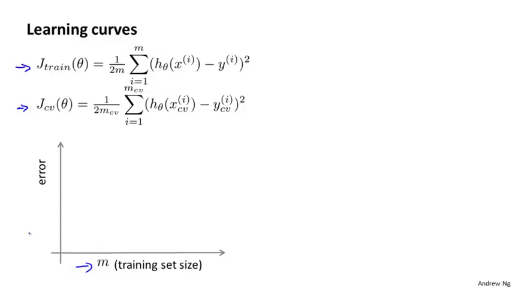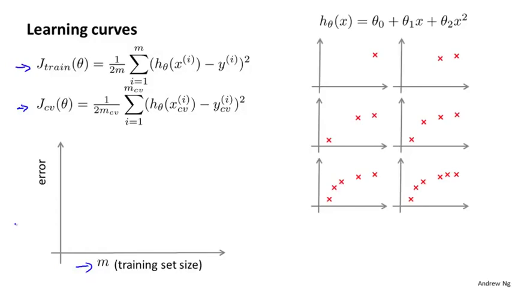So let's see what these plots might look like. Suppose I have only one training example like that shown in this first example here, and let's say I'm fitting a quadratic function. Well, if I have only one training example, I'm going to be able to fit it perfectly, right? If I fit a quadratic function, I'm going to have zero error on my one training example. If I have two training examples, well, with a quadratic function, I can also fit that very well.